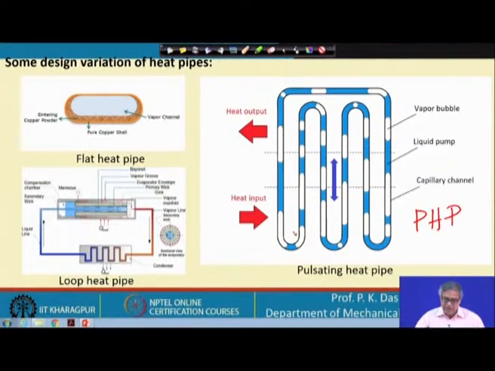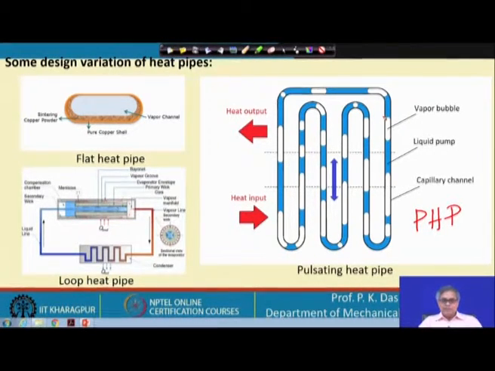Ultimately the vapor plugs will go to the condenser section. They will be generated in large number in the evaporator section. They will go to the condenser section, they will condense over there, and mostly liquid along with some small number of vapor bubbles will come back to the evaporator. Again more vapor plugs will be generated. So, this is your pulsating loop heat pipe.